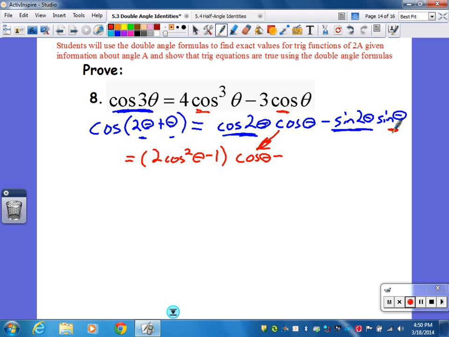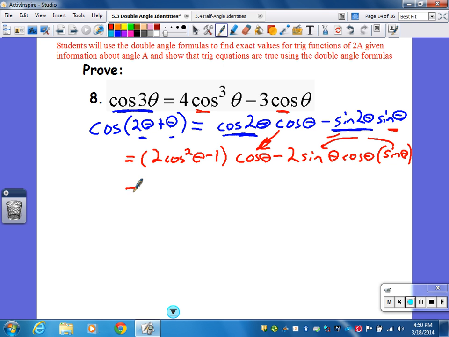Okay, so this is going to be 2 sine theta cosine theta times that last sine. Well, multiplying your sine and sine, I have arrows going all over the place, John Madden going on. So I have sine times sine right there. That's going to give me a sine squared. Well, sine squared theta can be written as 1 minus cosine squared theta.